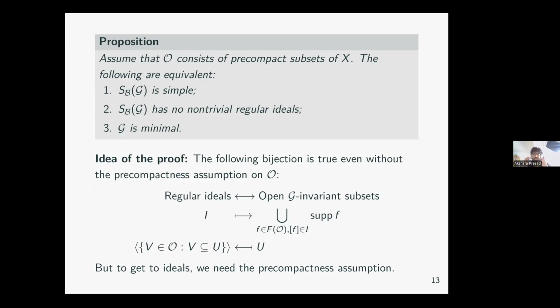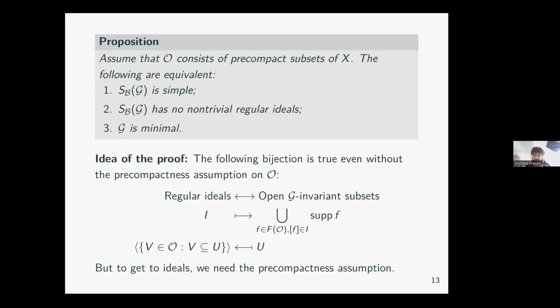So if I take an ideal I, then it corresponds to a G-invariant subset, which is the union of all the supports of F which is present in I. And if you take an open G-invariant subset U, then the regular ideal that corresponds to it is the one generated by all the V's in O which are contained in U. So all the open subsets in the unit space that are inside U, you take them and you take the ideal generated by it.